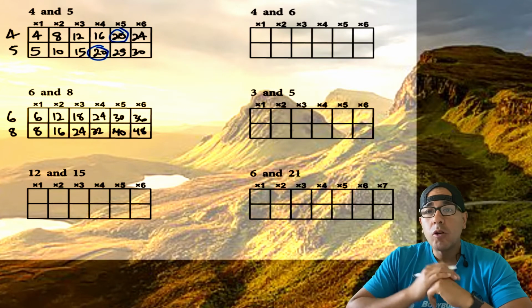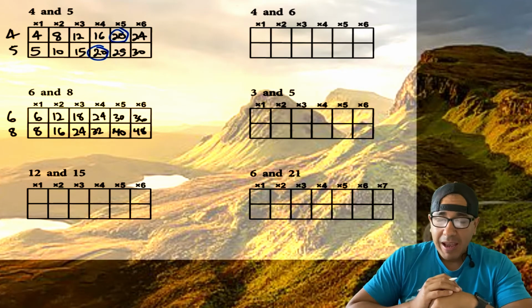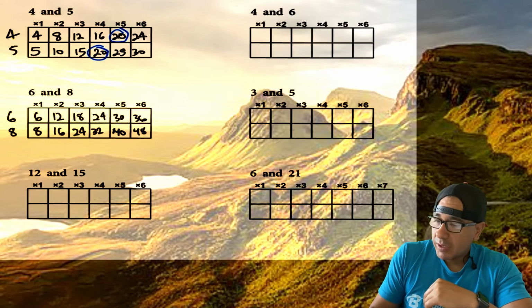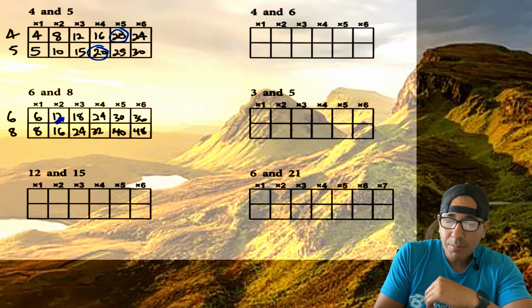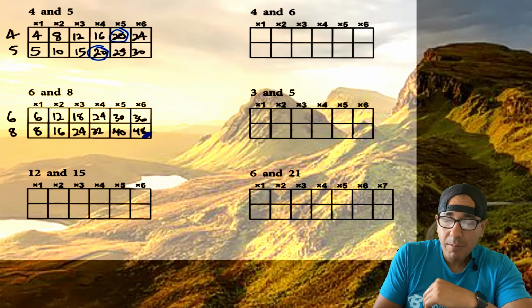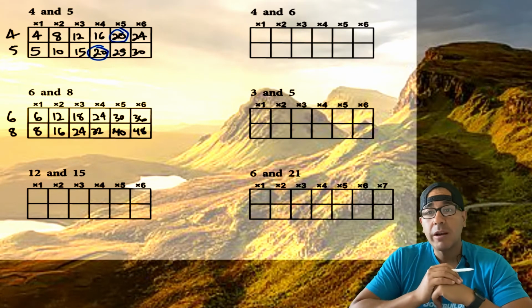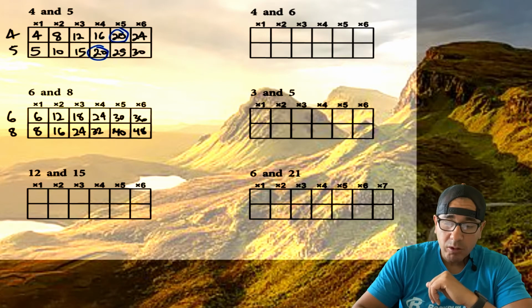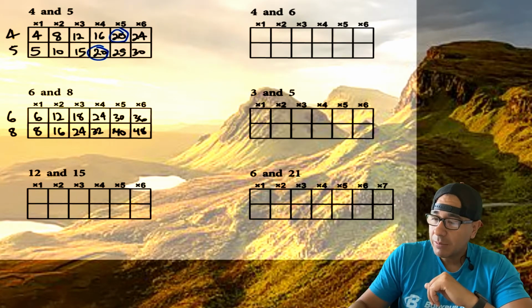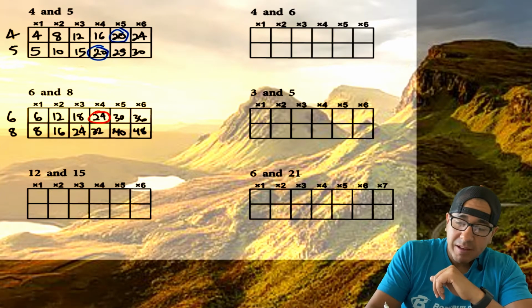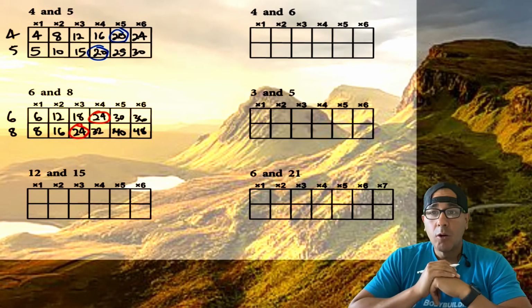Those are the multiples of 8. When we look at this, you've got to be careful. We're looking for the smallest multiple that they both share, and we can see here the smallest multiple is 24. Let me circle that. So 24 is the least common multiple.